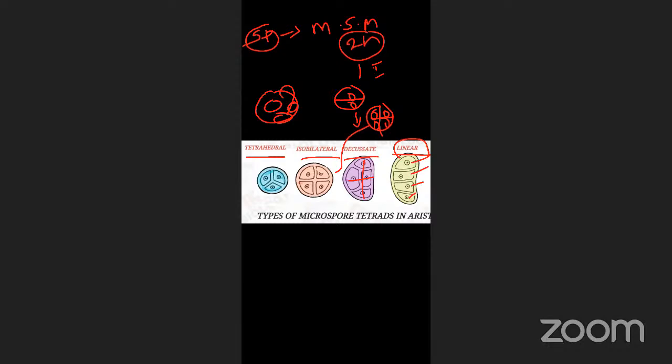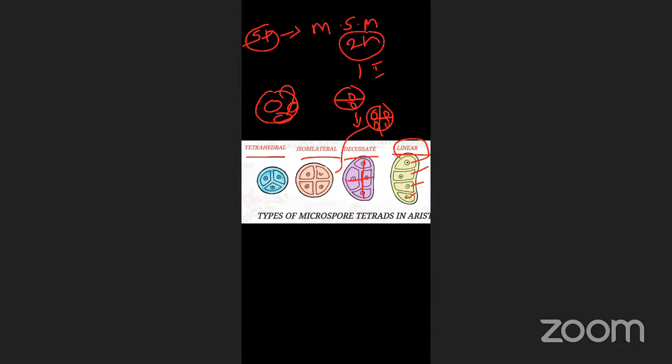Next, after formation, in any manner, any arrangement, finally it develops as a male gametophyte. Let's see the male gametophyte development. Remember one thing: microsporogenesis is very important for short answers, and male gametophyte is very important for long answers.